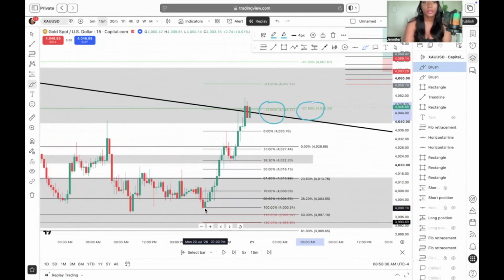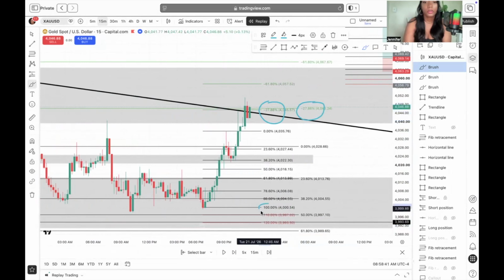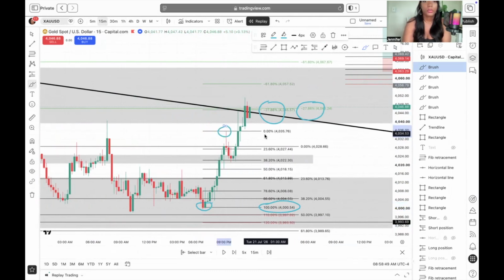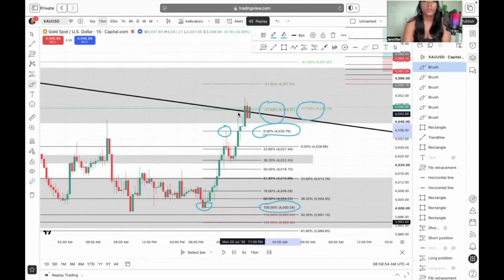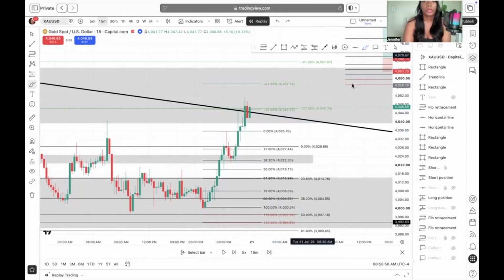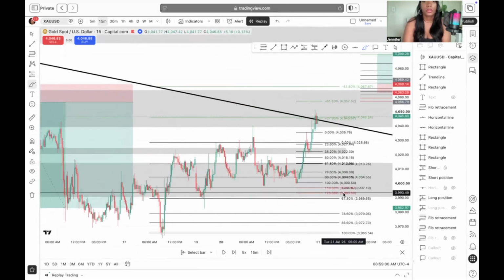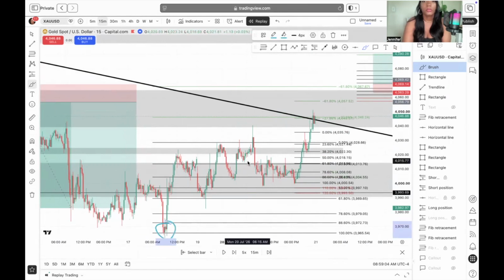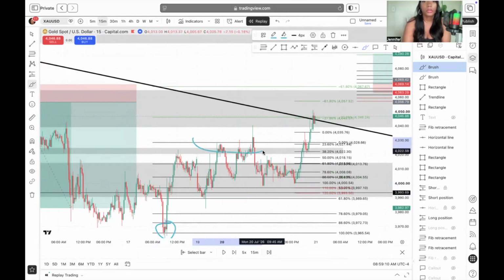This one starts here, your 100, right here, with your point A, your pullback, point B, and your target areas. That 27, okay? And then you have the structure fib, point A, your point B. It's right there.